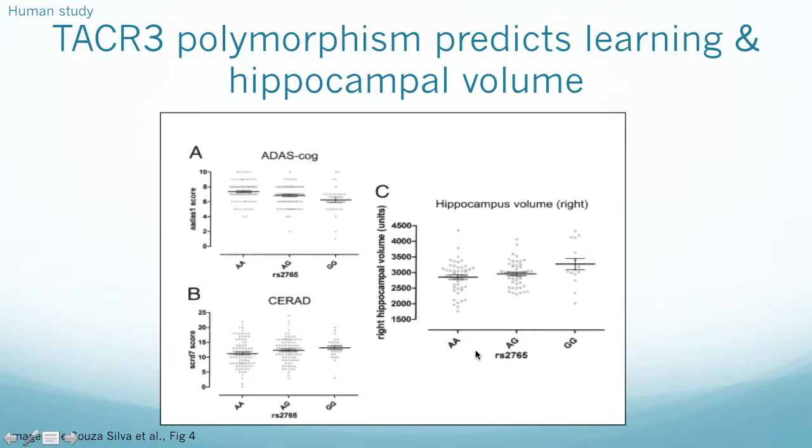If the dementia or mild cognitive impairment patient had the AA genotype, on average, they had a smaller hippocampal volume. So this genotype, AA, of this SNP, rs2765, is associated with worse verbal memory performance. It is in some Alzheimer's disease patients and is also associated with a smaller hippocampus.